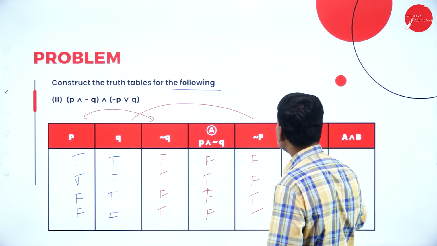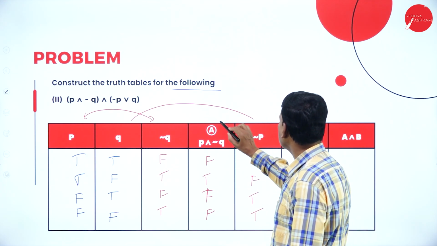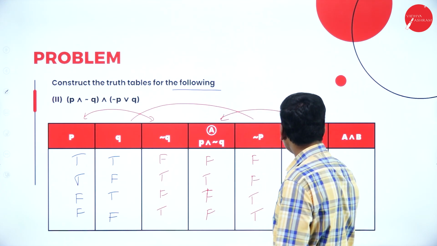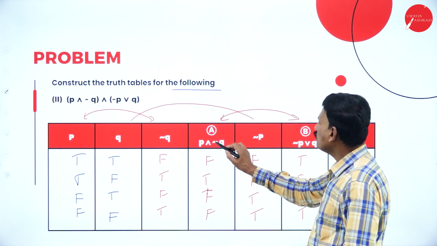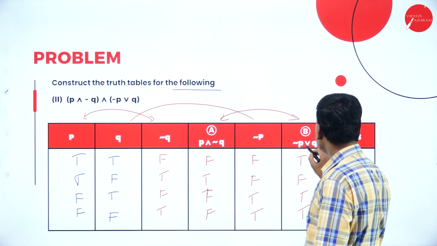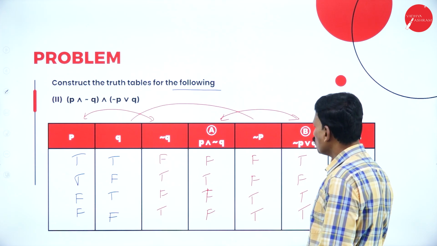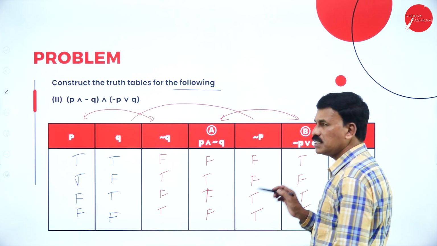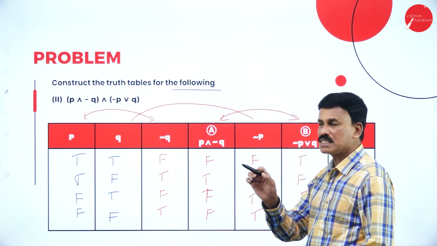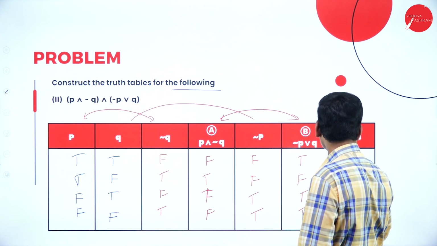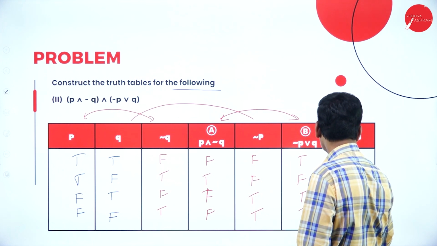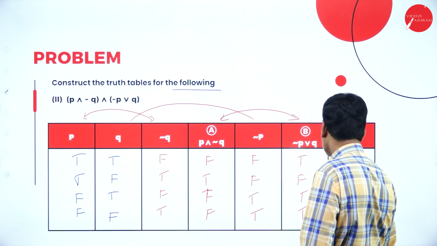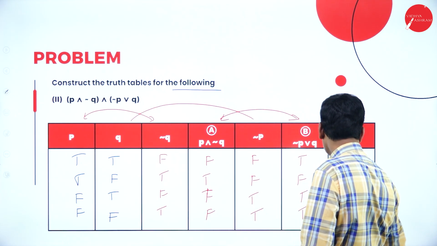Now write down the conjunction for these two, that is A and B: P conjunction negation Q, and negation P disjunction Q. Conjunction is true only when true and true, remaining cases are false. So false and true is false, true and false is also false, false and true is also false, false and true is also false.